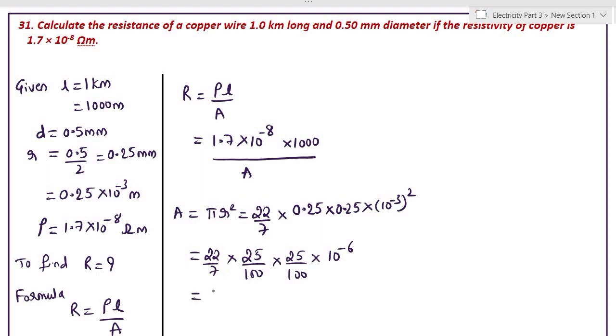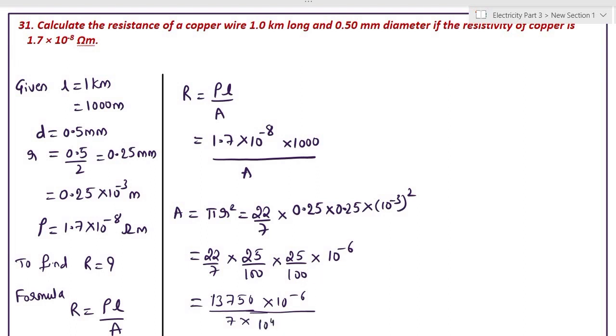When you multiply the numerator, 25 into 25 is 625, and multiplying 22 into 625, in the numerator it becomes 13750 into 10 to the power minus 6, whole divided by 7 into 100 into 100, that is 10 square and 10 square, which is 10 to the power 4.